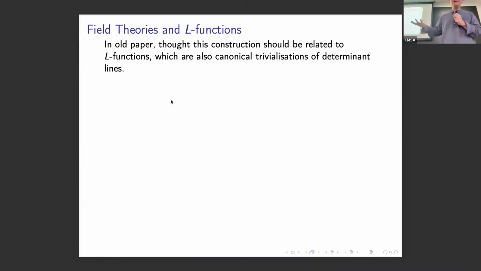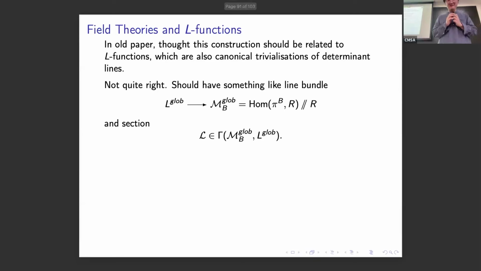And somehow physicists seem to be good at constructing these. But this wasn't good enough because, of course, in this three-dimensional approach, you end up with a line bundle over local moduli spaces rather than a global one, right? Instead, what you should have is something like a line bundle over the global moduli space, right? And a section of that line bundle, right?